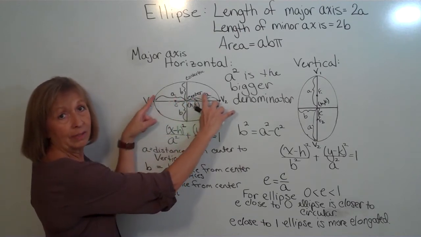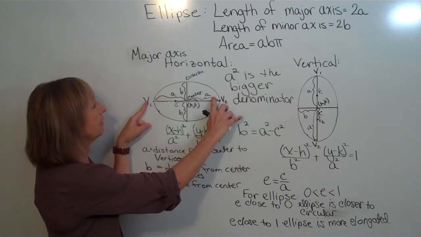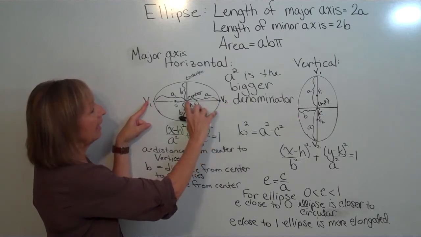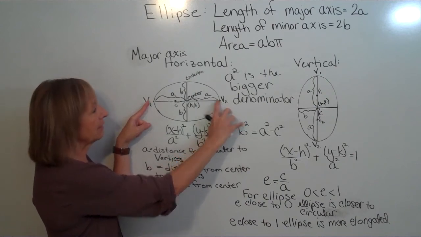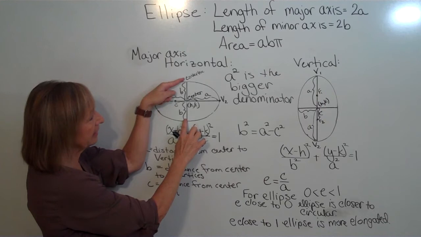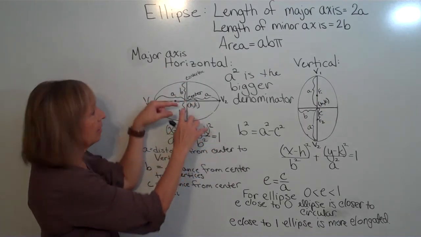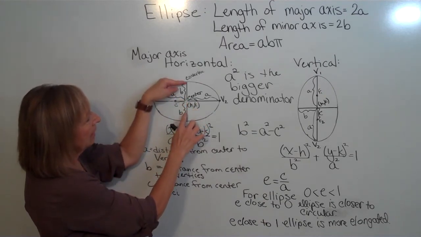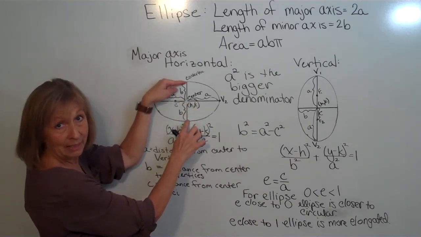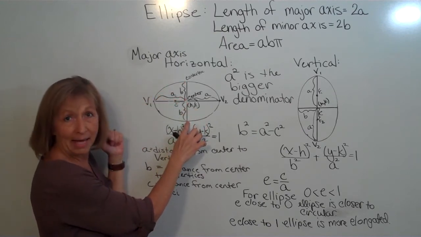Going to the vertices, it would be (h minus a, k) for this vertex and (h plus a, k) for this vertex. But to get the co-vertices, my up-down is changing, not my left-right. So my h stays the same, but the k changes. (h, k plus b) is the top one, and (h, k minus b) is the bottom one.